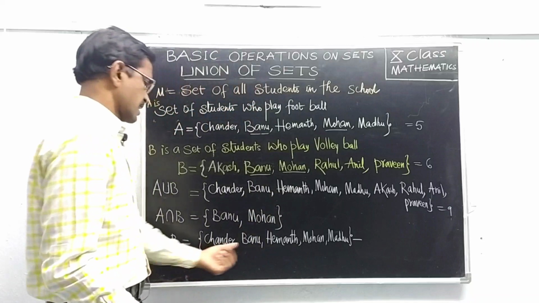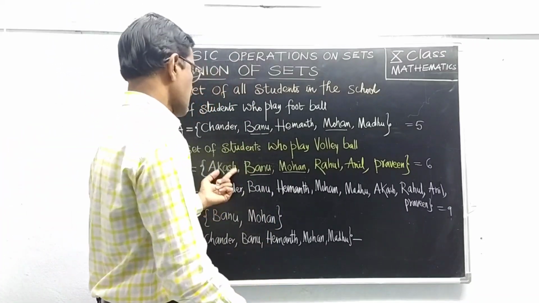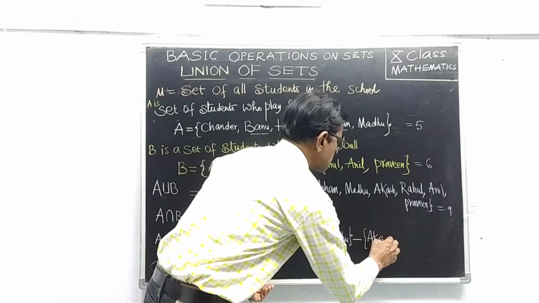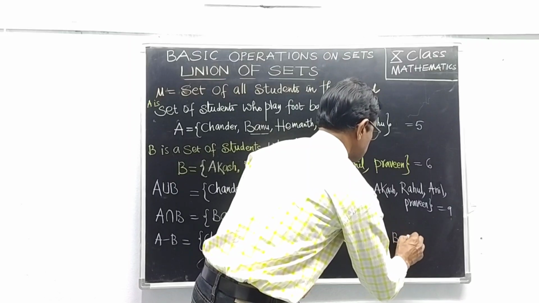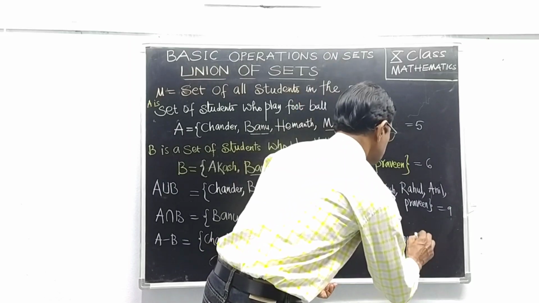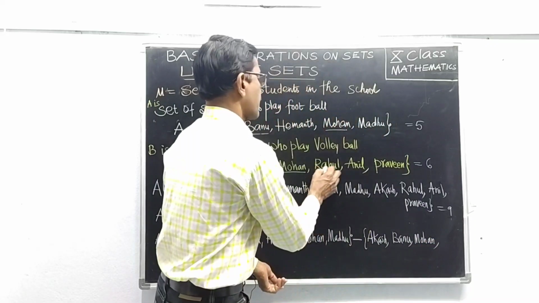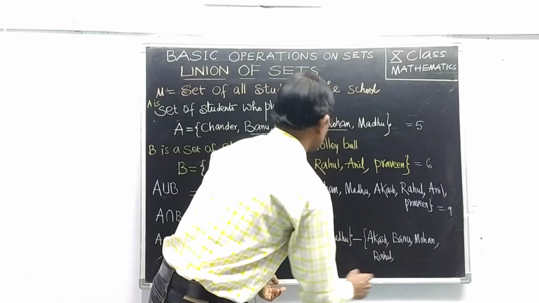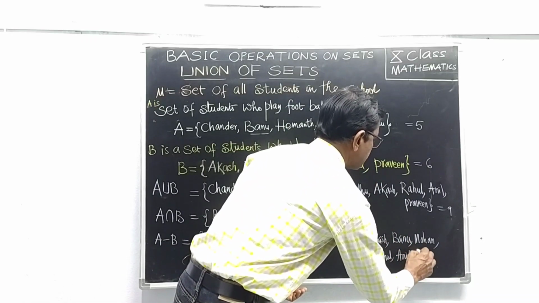Minus B. B means Akash, Banu, Mohan, Rahul, Anil, Praveen.